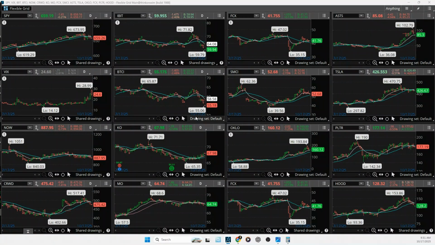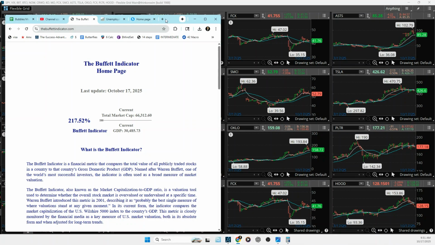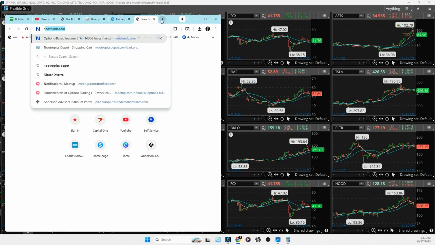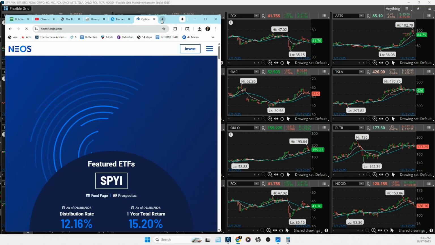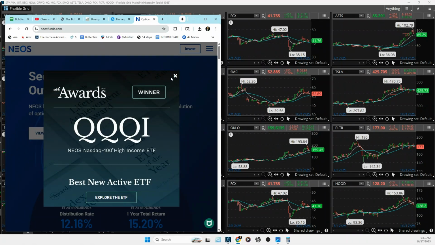The way that I am integrating Bitcoin into my life at the moment is I'm building a position in this BTCI, and it gives a pretty good dividend. As far as being a one share gang stock, if you think Bitcoin is going to stay around, I think this one has merit to look at. And it's from this company here, Neos Funds.